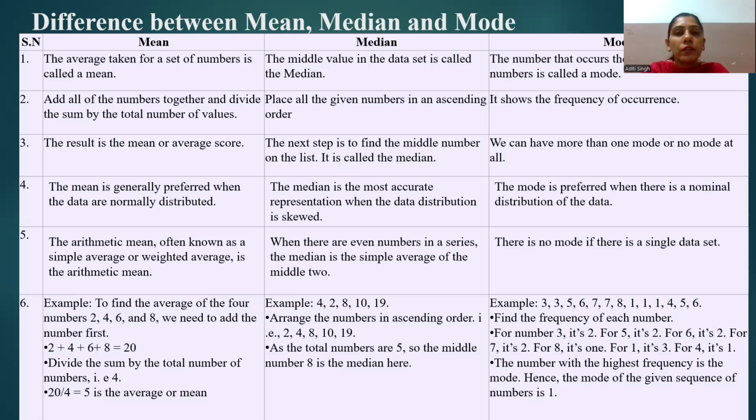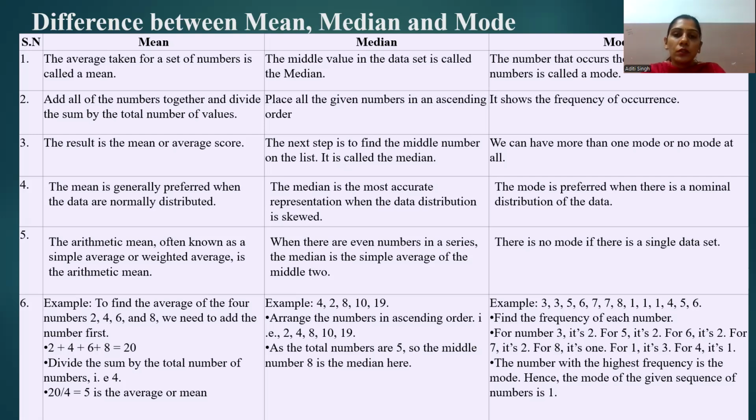Now, how do we calculate the value of median? First, we have to arrange the given data series. We have to place all the numbers in the series either in ascending order or in descending order. In whichever way you arrange the series, the answer will be the same.